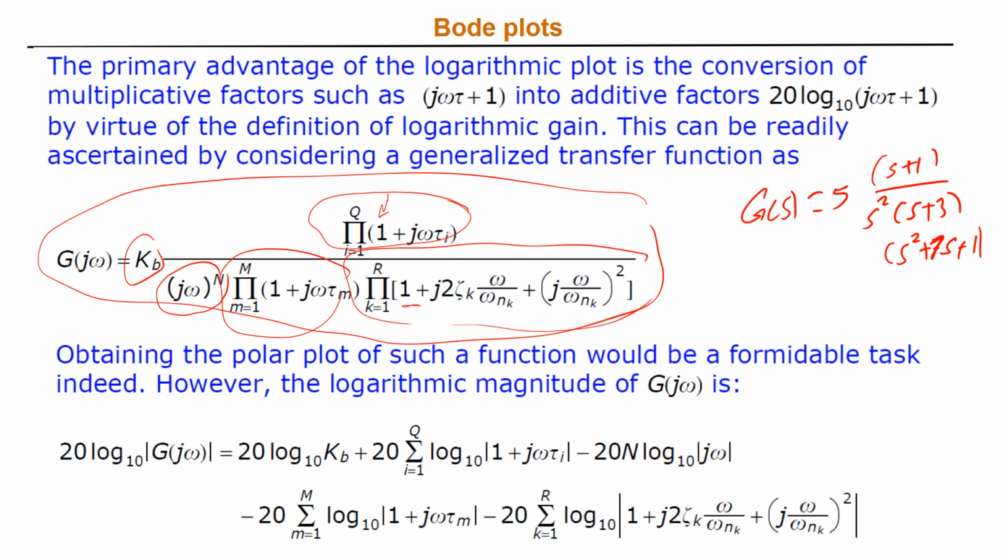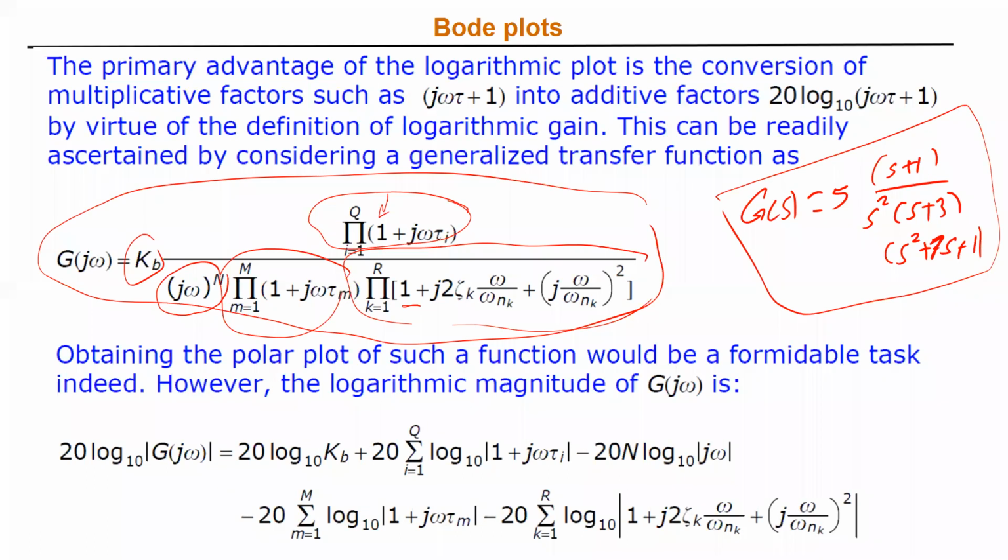So if you are given a general transfer function, try to rewrite it in this way. Try to create a 1 always in here.